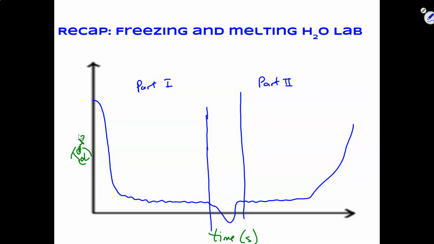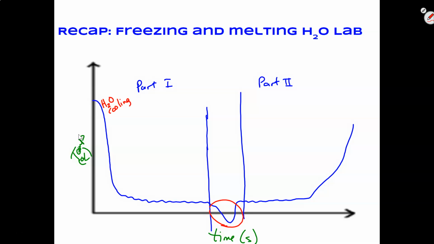Okay, so we had a little dip in this that occurred at one time, and we will talk about that also. Okay, now if we look at part 1, this is when the water, so we had water here, was cooling. It was in the ice bath.